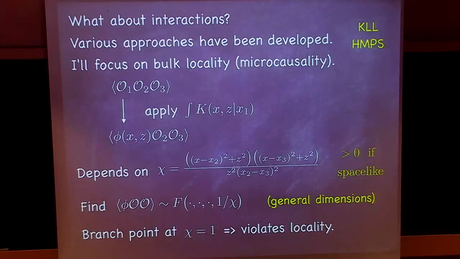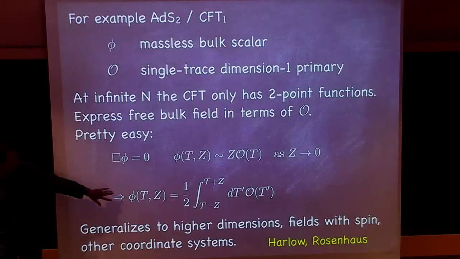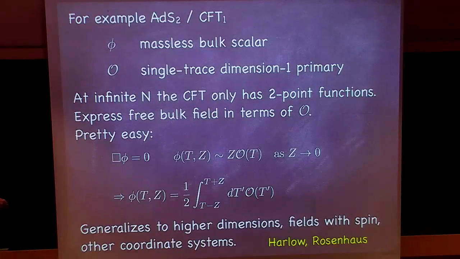No, I don't think so. I mean, no, it's interesting. Here's an explicit expression for K. And if I send z to 0, if I go to the boundary, then... Yeah, this is in 1 plus 1, isn't it? It doesn't look too different, I think, in higher dimensions.